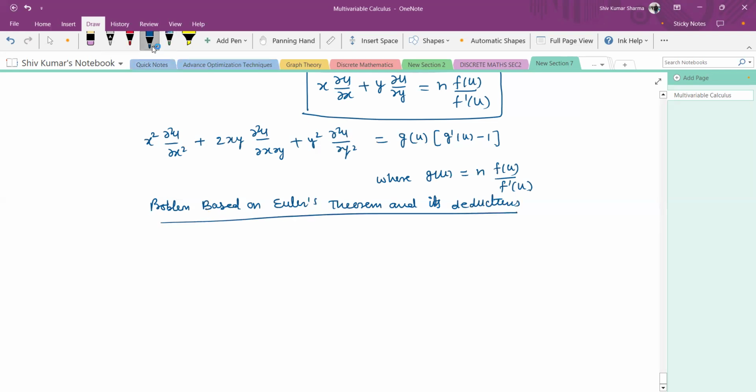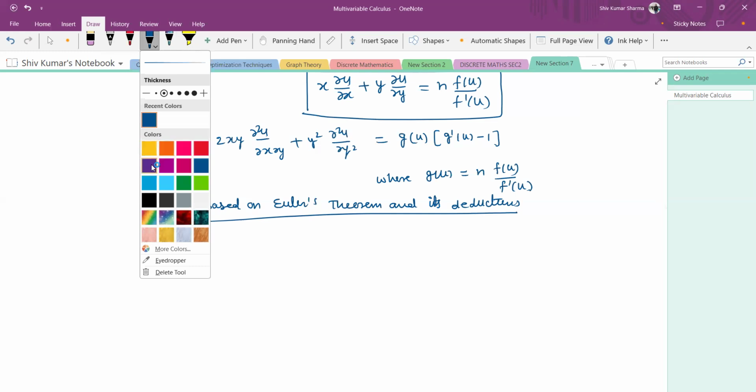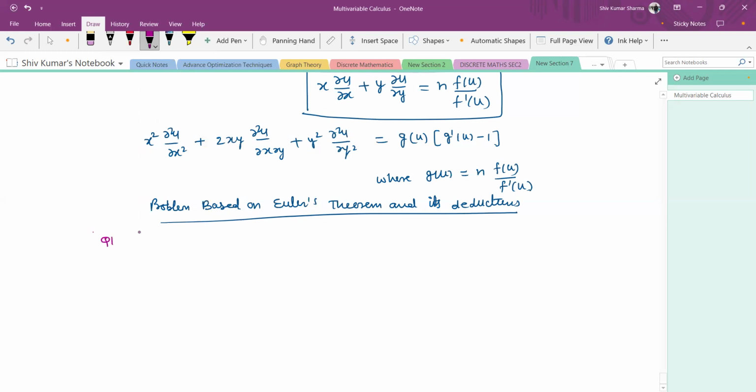So we start with the first question based on the theorem.